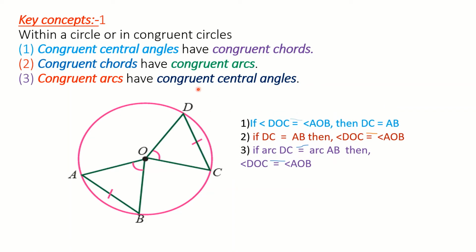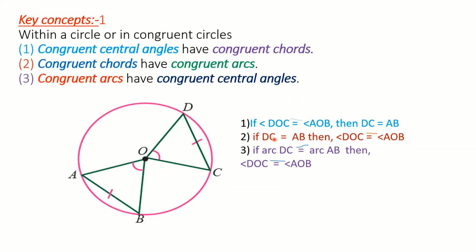For the first statement, if angle DOC is congruent to angle AOB, then DC is congruent to AB. You see, this chord is congruent to this chord. For statement number 2, congruent chords have congruent arcs.